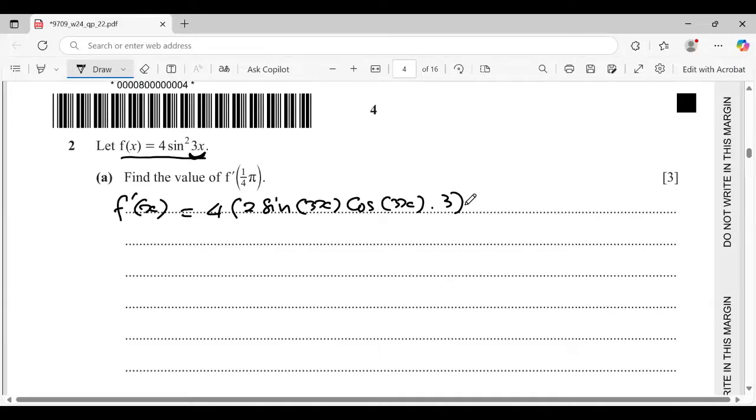After that, multiplying 4 times 2 times 3 becomes 24 sine 3x cosine 3x.